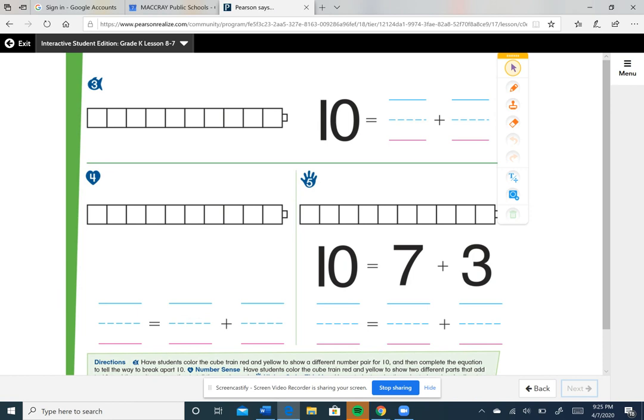Now, same thing for number 3. You're going to show another way to draw or make 10. So I'm going to go.